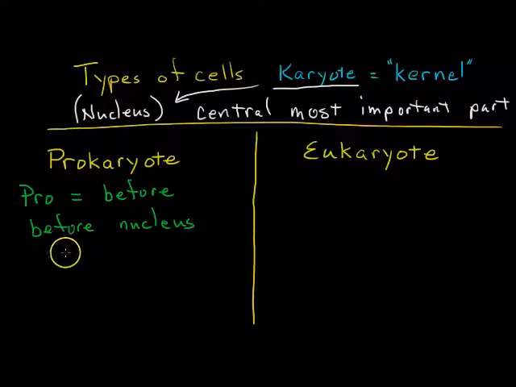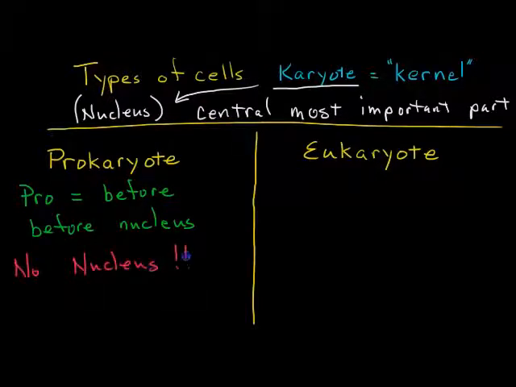All right, so since the prokaryote is before the nucleus, it is a cell that does not have a nucleus. So no nucleus in the prokaryote. And so I'm sure you can guess a little bit about the eukaryote. The term eu means true.